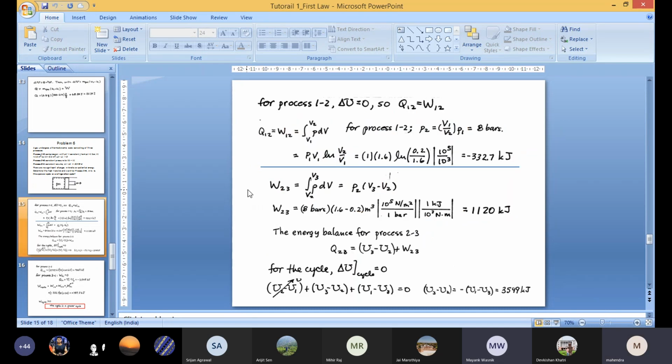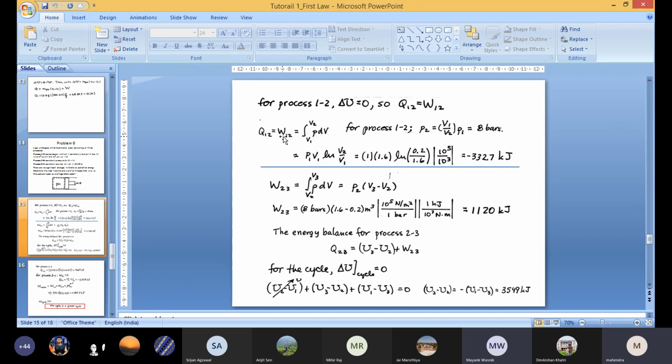Are you able to see my next slide? Yes, sir. Okay. So now this is the problem, process 1-2. It has been given in the problem itself, delta U equal to 0. Since delta U equal to 0, from the first law of thermodynamics, delta U equal to Q minus W, Q12 equals W12.